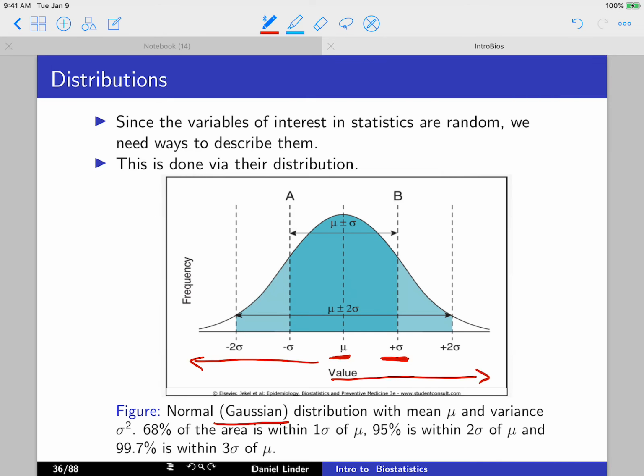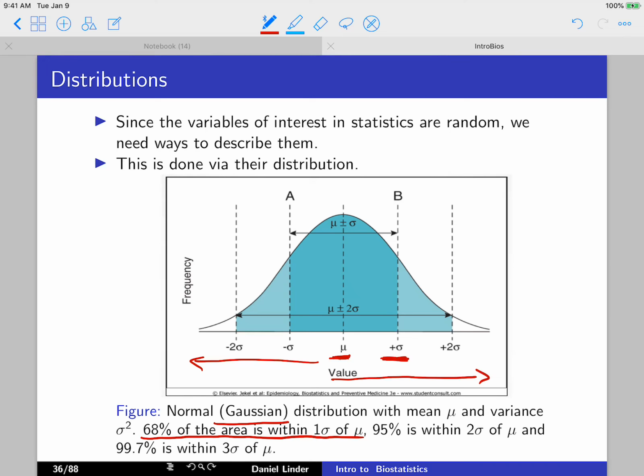So importantly, we can describe the areas between standard deviations of the normal distribution, and this is going to become even more important when we talk about how we form confidence intervals and why we use particular values like 1.96 when we form a 95% confidence interval. So for the normal distribution, what you'll see I have written down here in the caption is that 68% of the area is within 1 standard deviation of the mean.